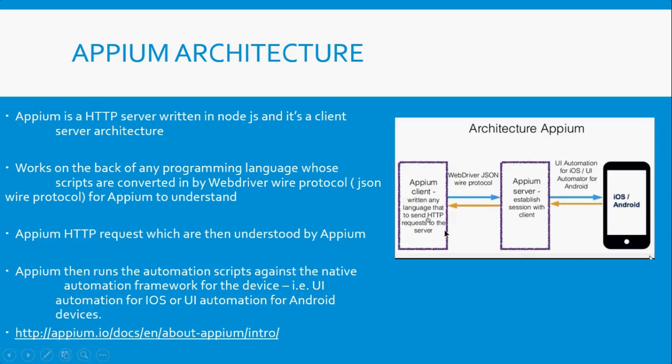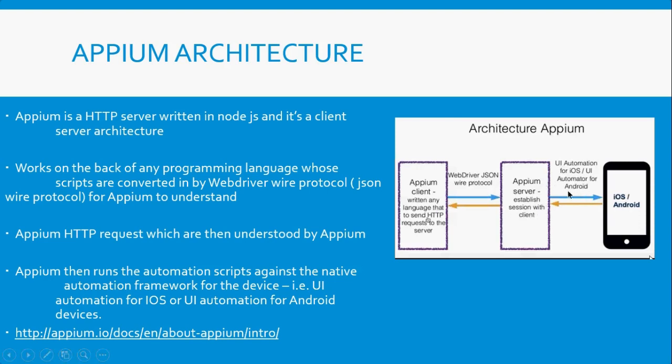Here it sends an HTTP request to the server. The WebDriver JSON wire protocol transmits the message to the Appium server. The Appium server establishes a session with the clients. You can see that the client is sending information with the blue arrow, while the server is returning the session to the clients.